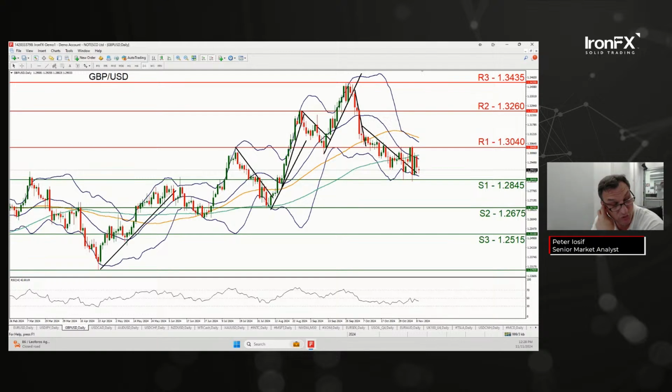Now, should the bears take over, or if you prefer for bearish outlook, we would require the pair to break the S1 1.2845 clearly and start aiming for the S2 1.2675. For a bullish outlook, now the pair would have to practically recover all the losses of Friday and also breach the R1 1.3040, thus paving the way, or if you prefer, opening the gates for the R2 1.3260.